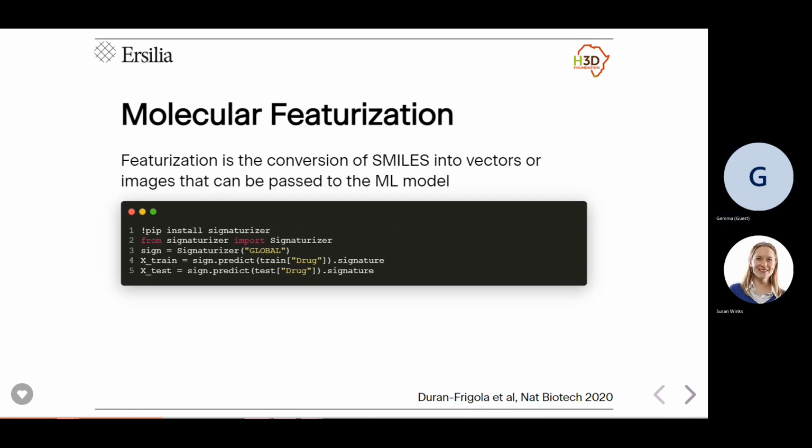Is everyone following on this? Okay, so this is why I named these data sets X train and X test. On the X train, I'm converting the SMILES of the train set into signatures of the Chemical Checker. That's just the notation I use, like in Python. And the X test are all the SMILES converted to signatures for the test.